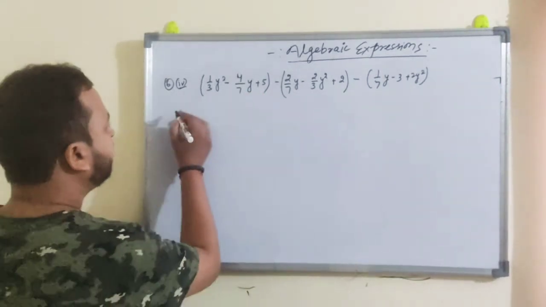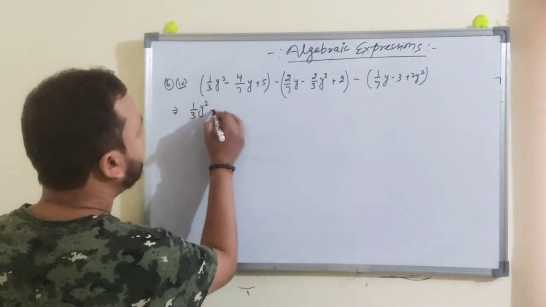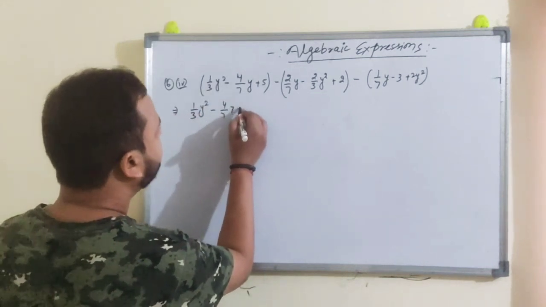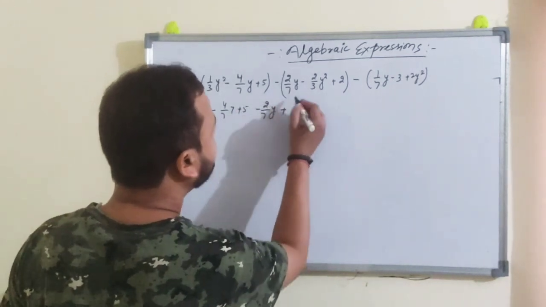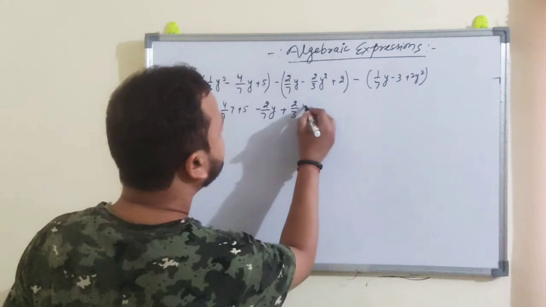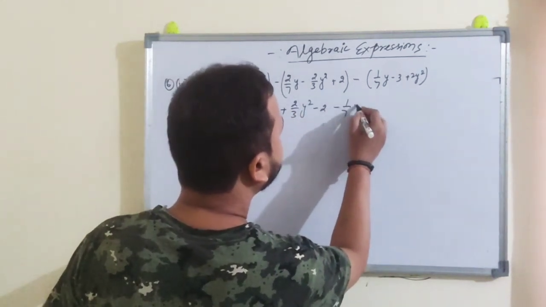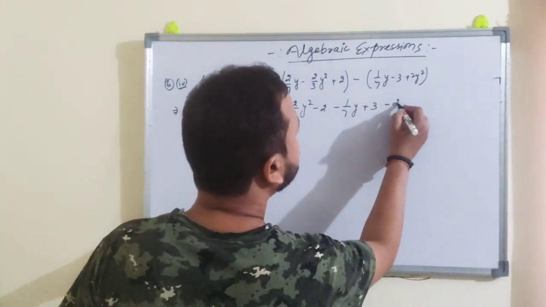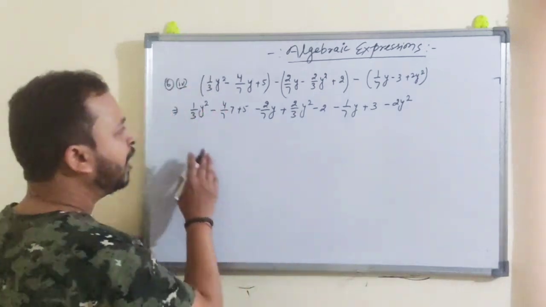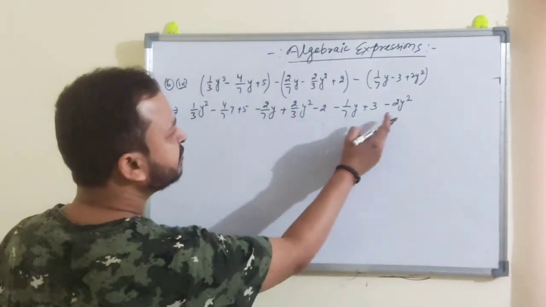So now we are going to open the bracket. 1 by 3 y square minus 4 by 7 y plus 5 minus 2 by 7 y, minus and minus plus 2 by 3y square and minus 2, then minus 1 by 7y, minus and minus plus 3 and minus 2y square. Now I'm going to make the groups. Here y square, then y square, then y square.